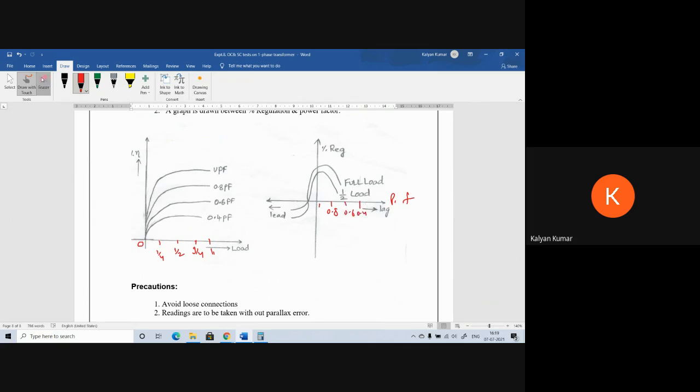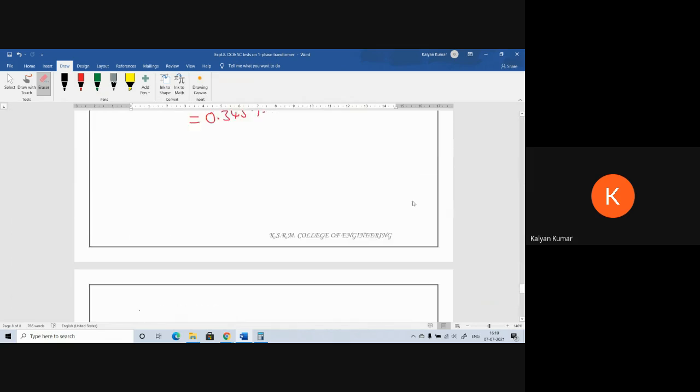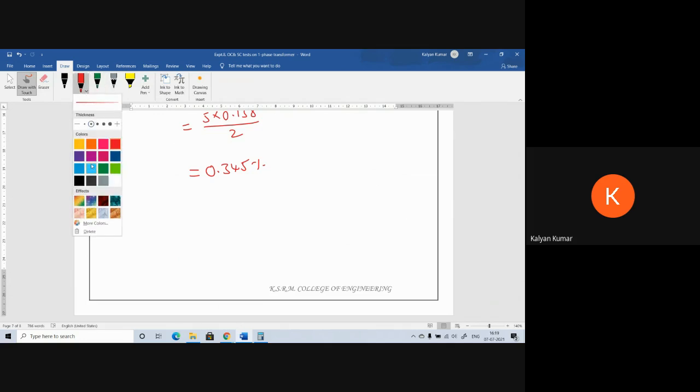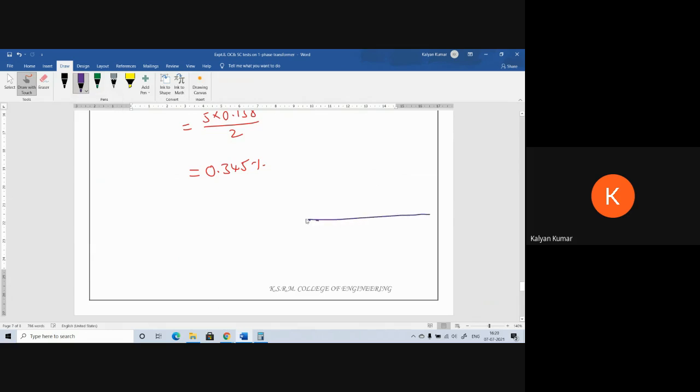And let's draw here separately. Don't get confused. So this is power factor, lagging here, leading here.